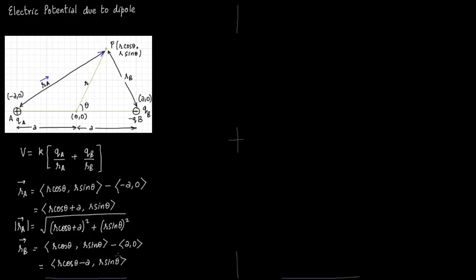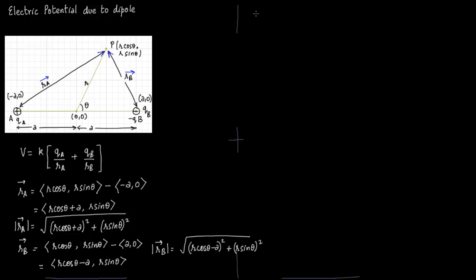This is basically r cos theta minus A times i vector plus r sin theta times j vector. This is the RB vector pointing from B to P. So the length of the RB vector would be the square root of (r cos theta minus A) squared plus (r sin theta) squared.